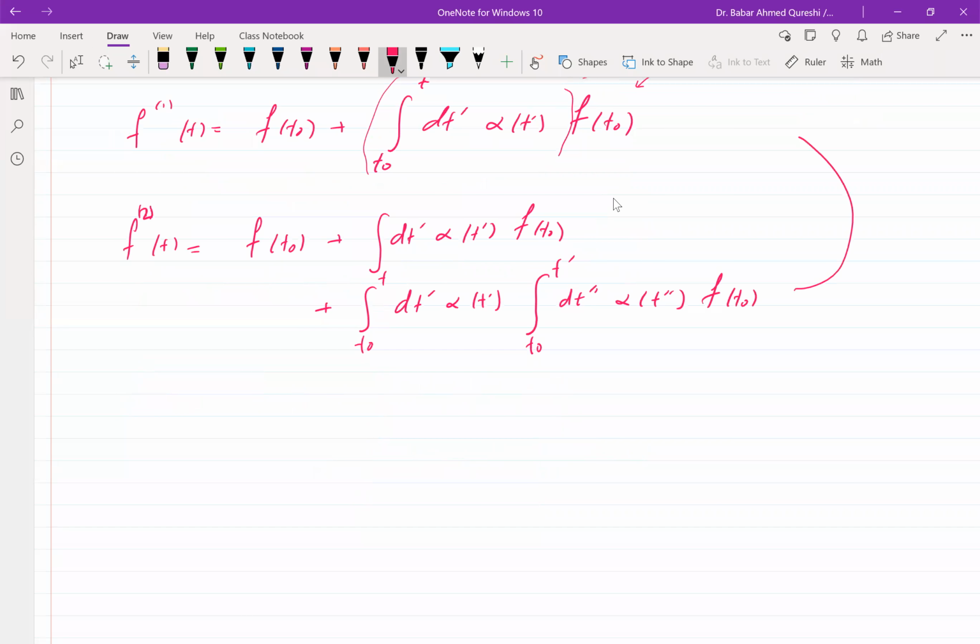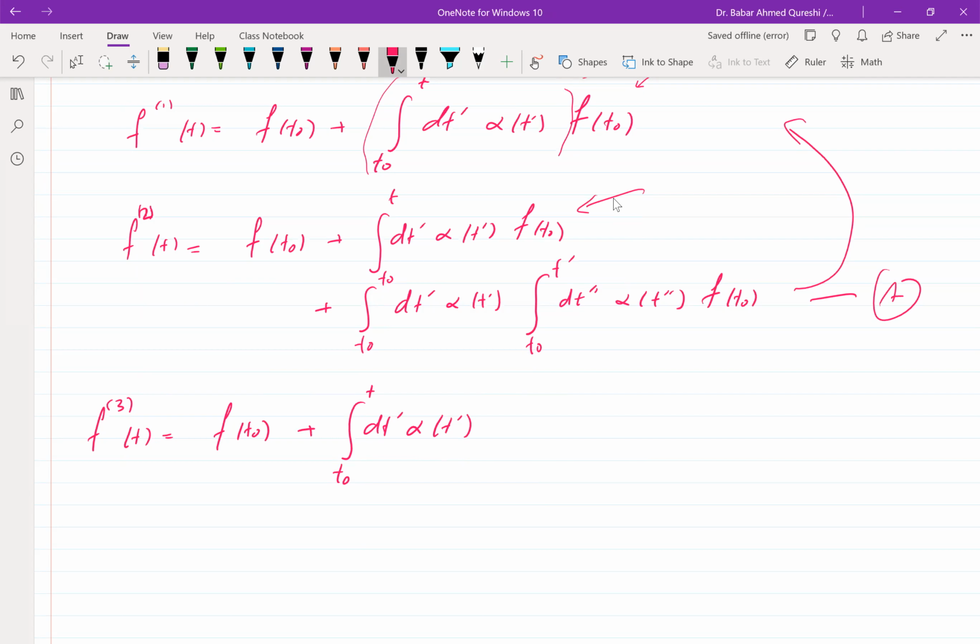Now I take this thing and plug it back into the equation again. This is just like that, and then again in the integral, I have the integral from t naught to t of dt dash alpha of t dash, and I'm plugging in this equation, let's call it A, above.